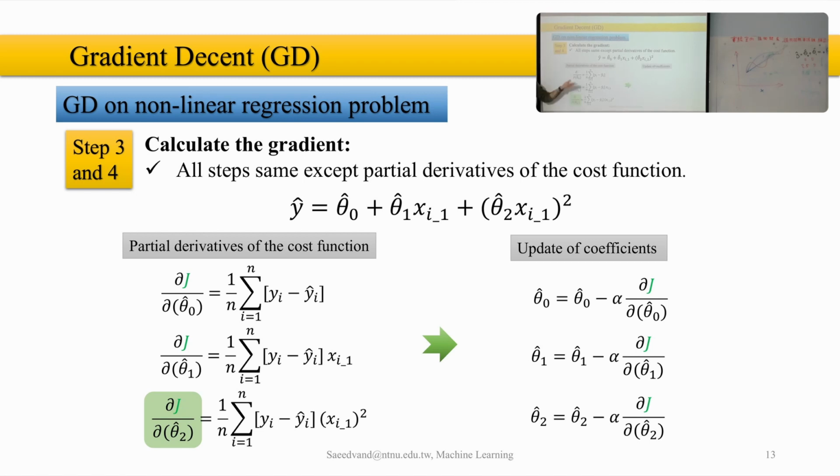Now, what about the update of the coefficients, or the update of the thetas? When I say coefficients, you know that we mean theta hat 1, theta hat 0, and all those coefficients. So we do the same thing: theta hat 0 equals theta hat 0 minus the learning rate times the partial derivative. This partial derivative is this equation. Same thing here, same thing here. Any question?